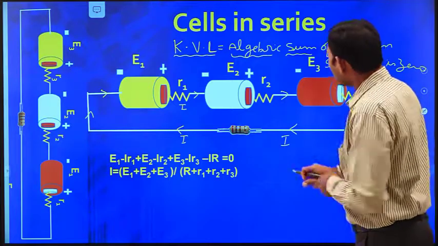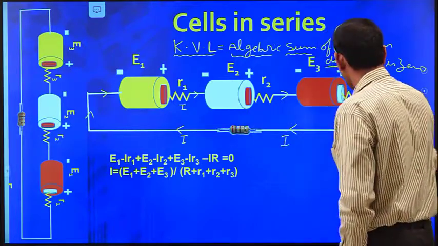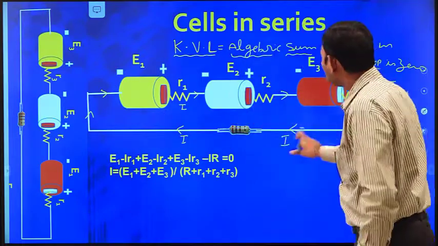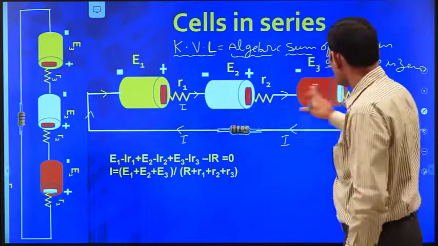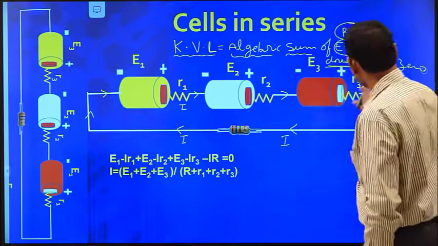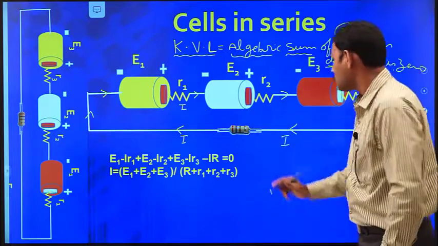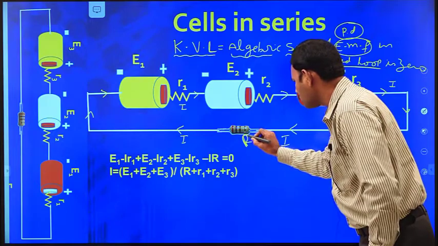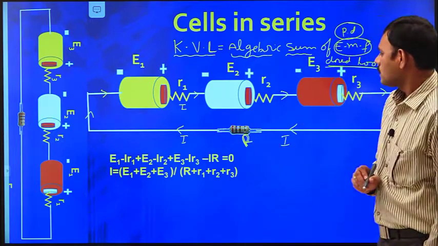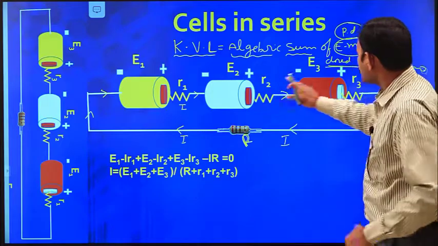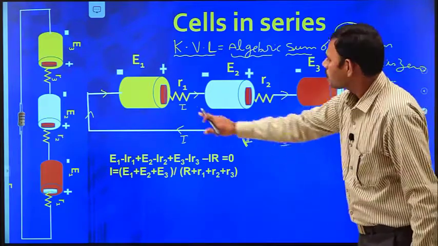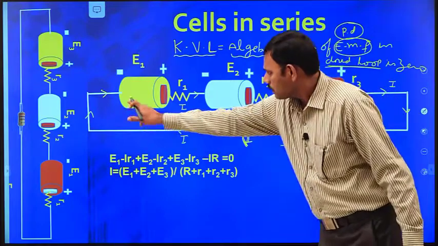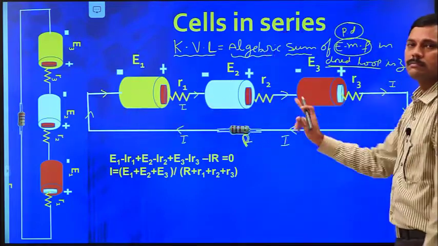That's why I consider, let I be the current passing through this loop, through each and every electric device, through all cells, as well as through all internal resistances and the external resistance. Let R be the external resistance of the external resistor. Then through each and every element of the circuit, the same amount of current I is passing in the shown direction.